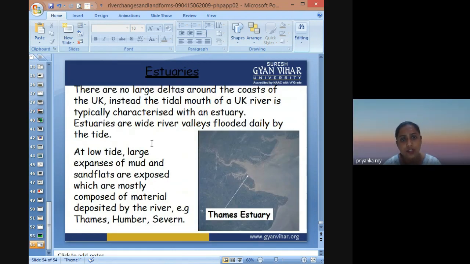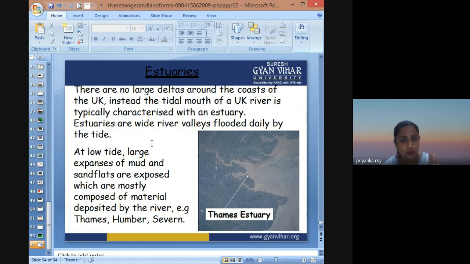Okay, now an estuary is not a large delta; it is around the coastal lines, where the sea tides meet with a river. Estuaries are wide river valleys flooded by the tides.